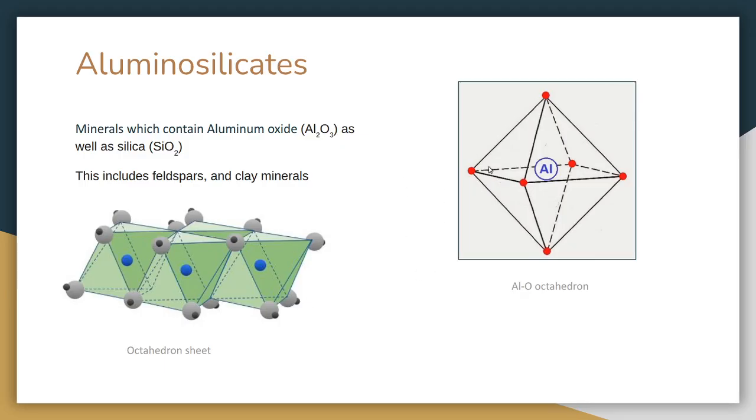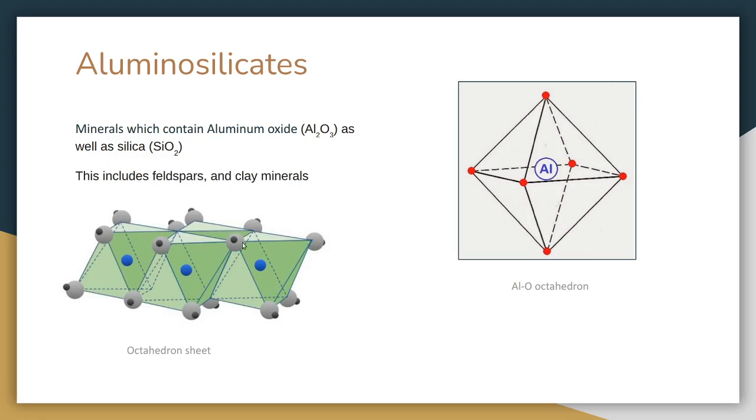The aluminium is a bit bigger in size than silicon, so it will be able to bond with more oxygens. So they won't form a tetrahedron but an octahedron. When they lay in sheets like this, they are tilted down in some way and form this structure.